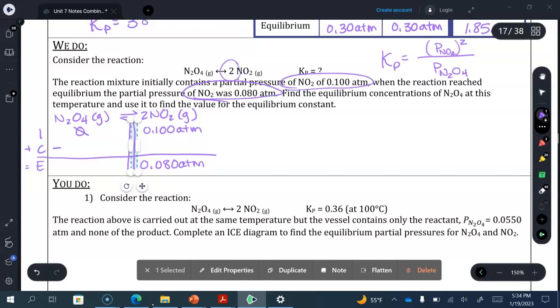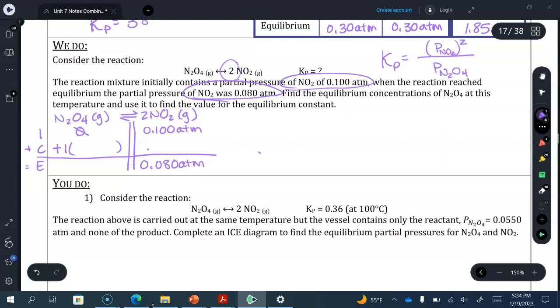Now I know that I have to make some of the N2O4, so I write the plus sign to indicate that. I see that NO2 decreases, so that reinforces that. I'm going to use the NO2 and bring the coefficient down for the change. Now I have to figure out how it's changing.